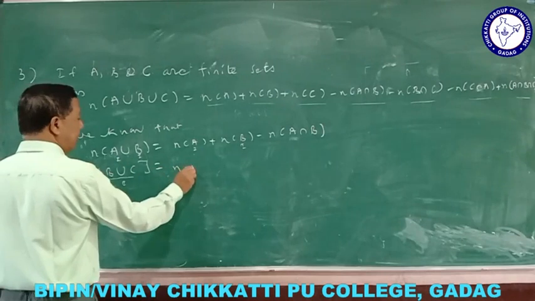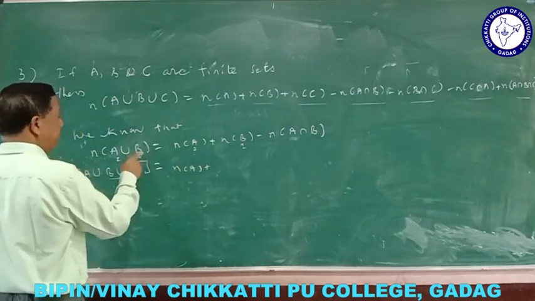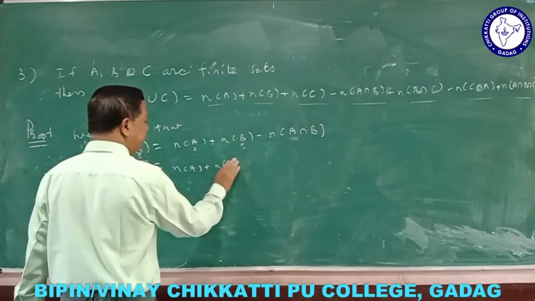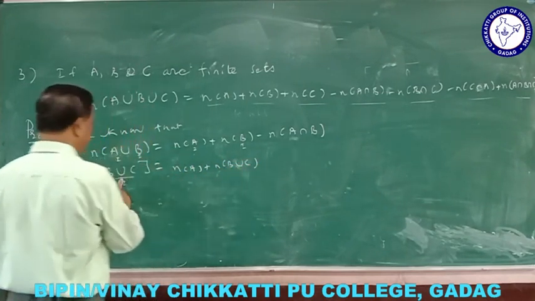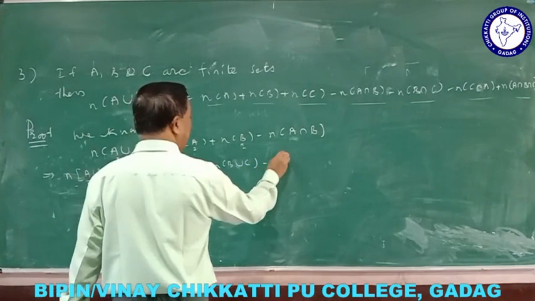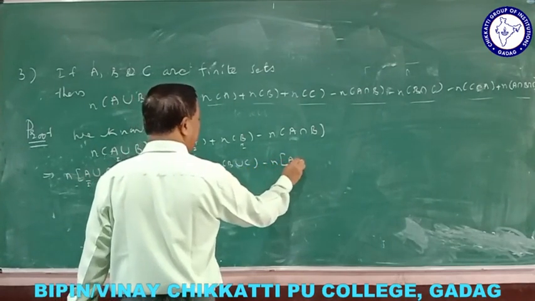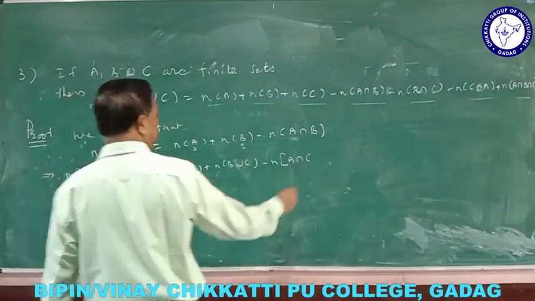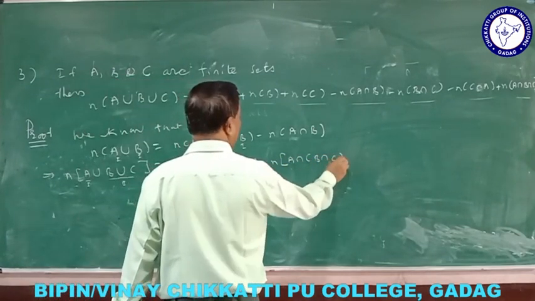N of A, and plus n of the second, which is n of B union C, minus n of the intersection of A and the intersection of B and C, that is, B intersection C. I hope you understood this.